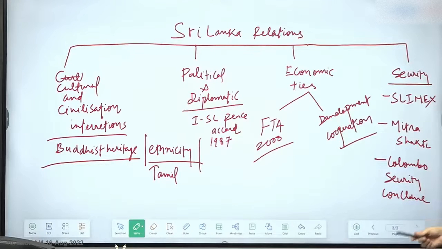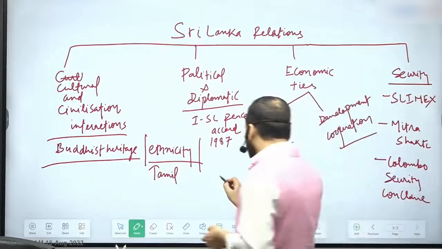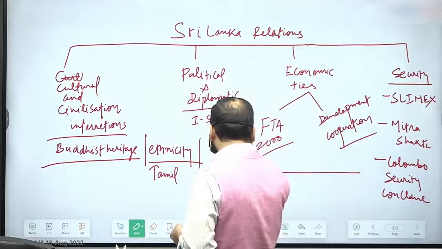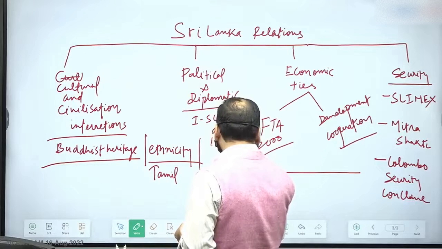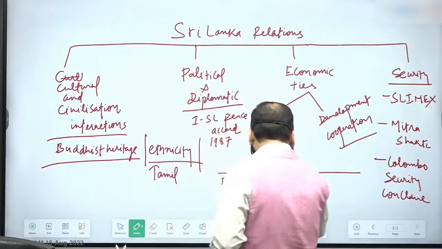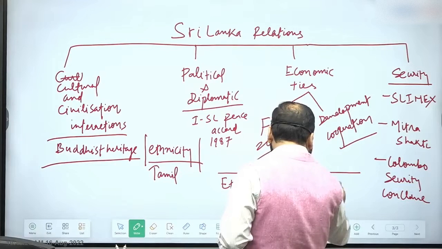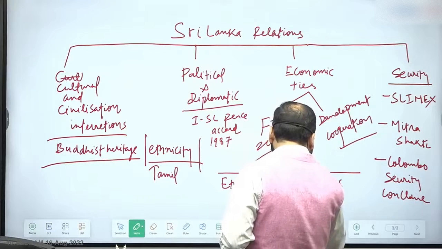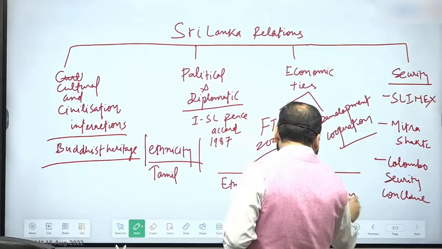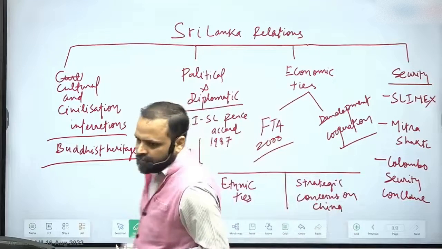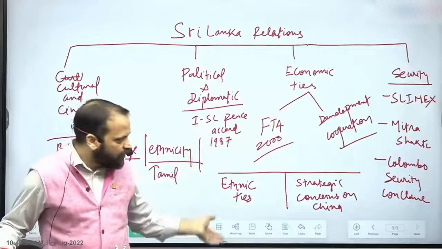Now, the other part of this relation generally is the contention on the issues of ethnic ties and also strategic concerns on China. Strategic concerns on China. So, that's the larger part of the agenda.